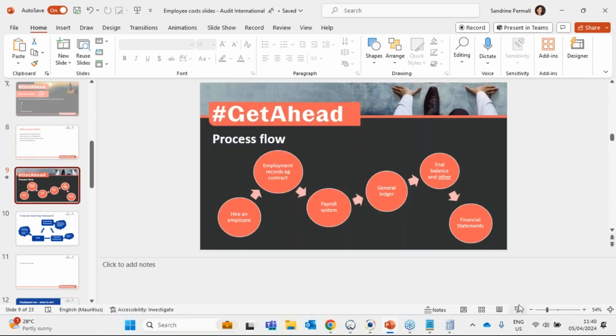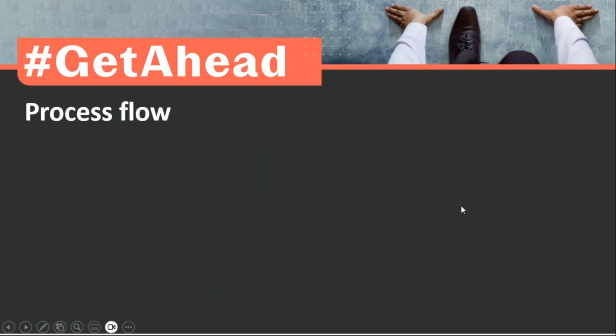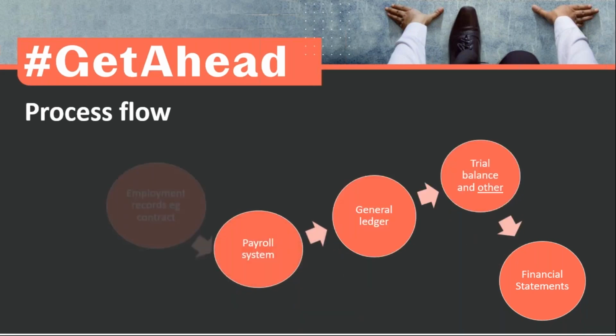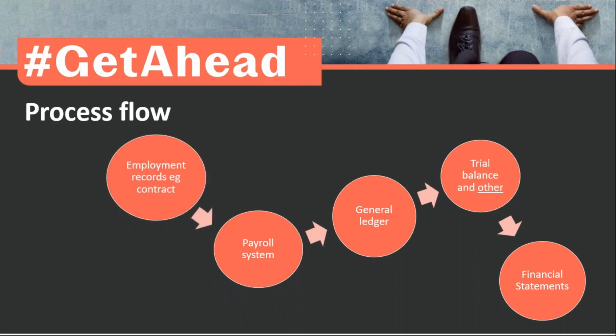So remember, what we want to see is that we are auditing the financial statements. But in order to get there, we need to travel back to where it originates from. So we are wanting to look at what's in that payroll system, where you have all the details on the terms, the employee costs, and the contracts.